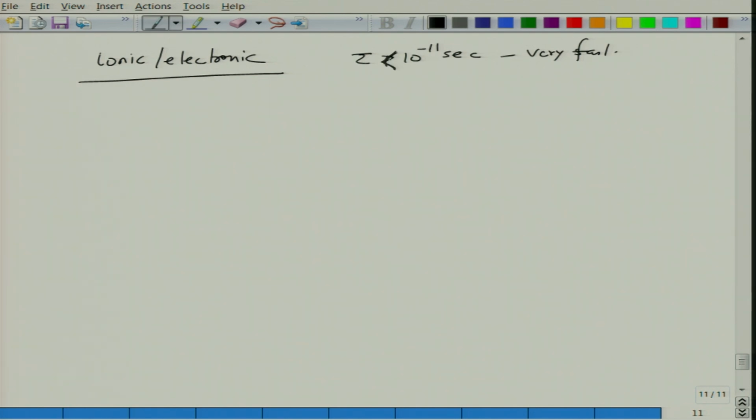So, they are very fast time scales, hence for high frequencies I can write a component P infinity, this is equal to Pi plus P electronic, okay. Correspondingly, for high frequency polarization is this, and I define a dielectric constant as epsilon r infinity.